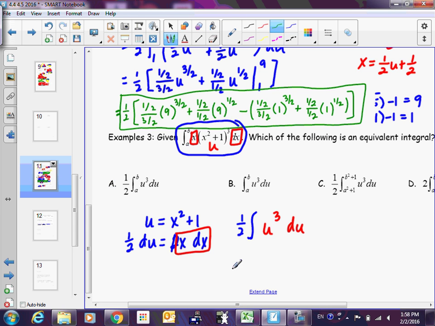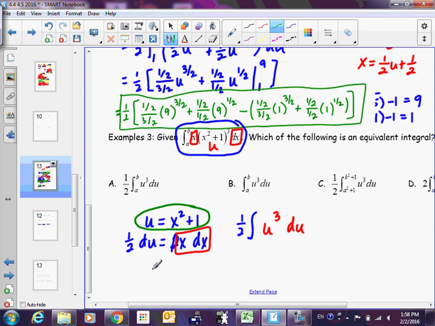No. Not necessarily. What was the whole lesson today about? The bounds. Right now, my upper bound is b and my lower bound is a, but those are x values. They're letters, but don't let that throw you. You've got to change the bounds using this u statement. Right now, it says x equals b.